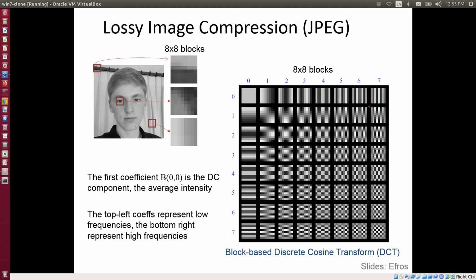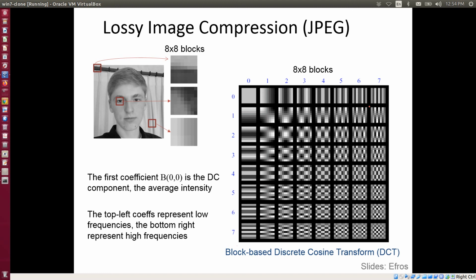DCT is a stripped version of the Fourier transform. Basically, you just keep the cosine component, and you take away the sine component, and you modify the parameters a little bit as well. But basically, all these image compression techniques are similar.